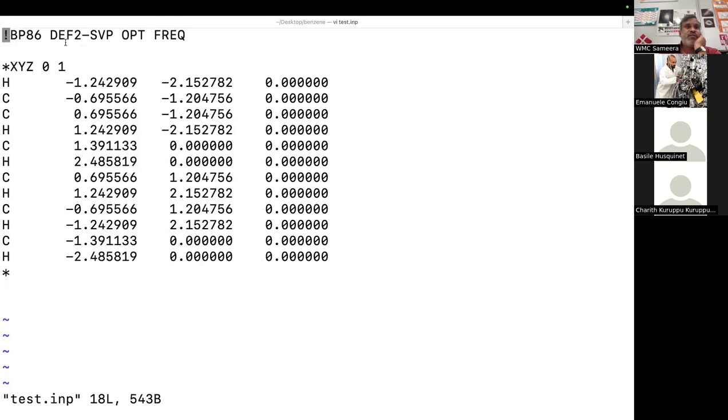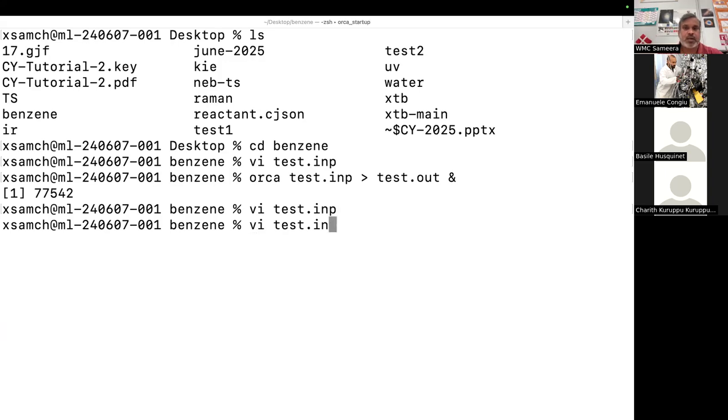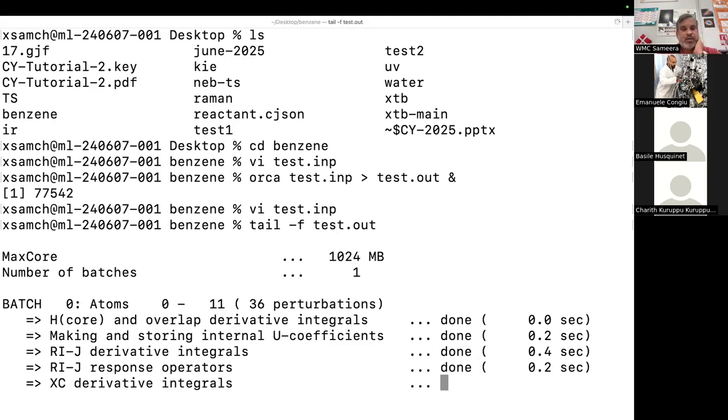So our input file is very simple. We simply optimize the structure followed by the frequency calculation. So it is running.